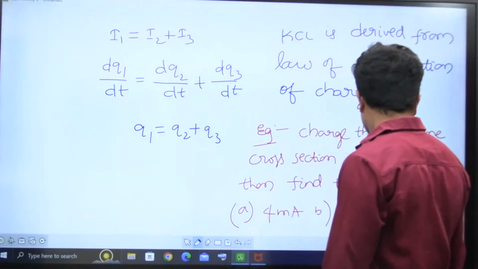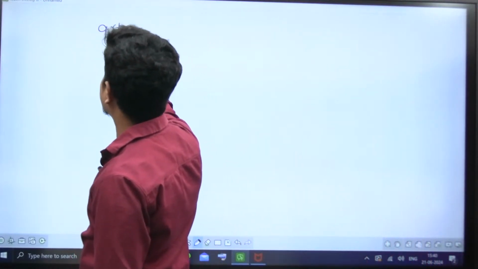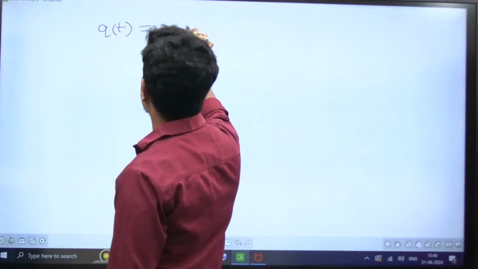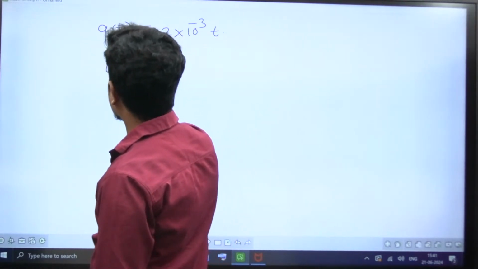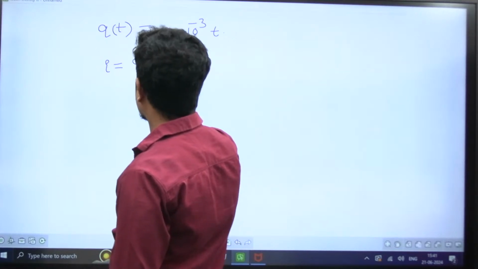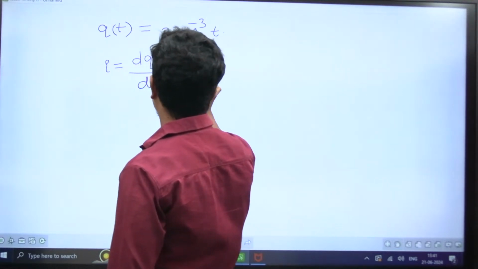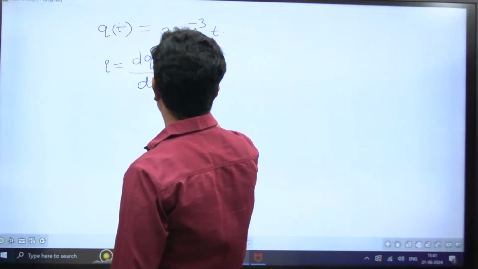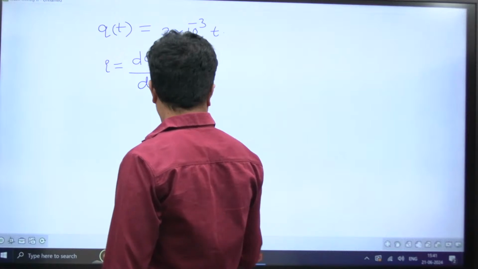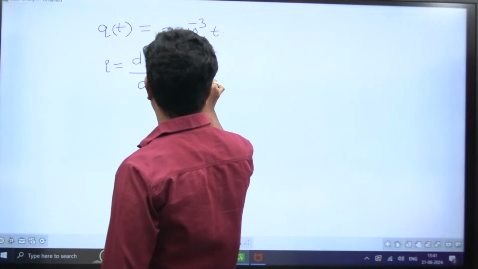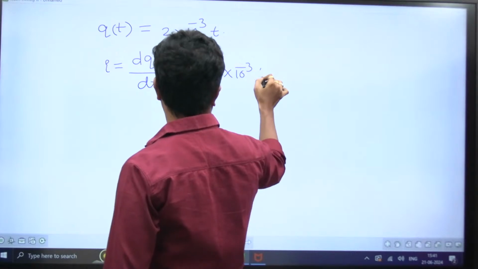So simple. Given that q of t is equal to 2 into 10 to the power of minus 3 into t, I is equal to dq of t by dt, which is d by dt of 2 into 10 to the power of minus 3 t.